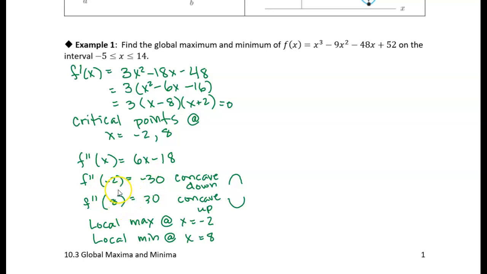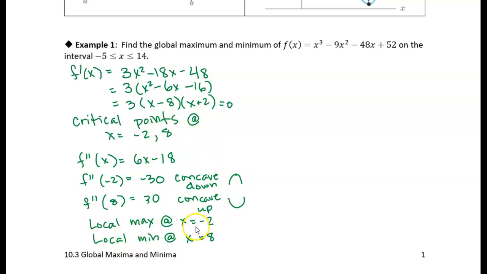When I evaluate the second derivative at -2, I got -30, which means that it's concave down, right? I always like to draw a picture. Concave down looks like an upside down U, so that means the point where the derivative is equal to 0 has to be a maximum.